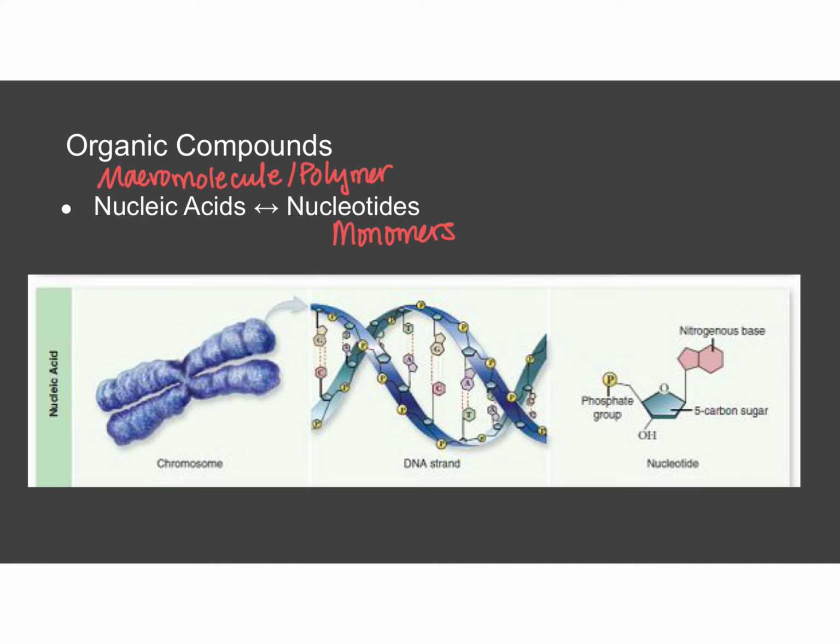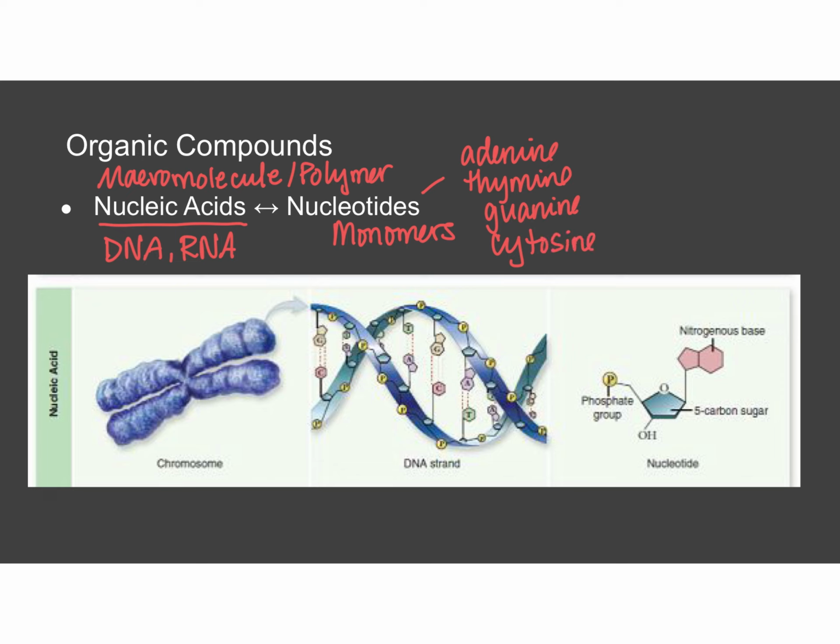Nucleic acids include things like DNA and RNA, and the nucleotides include things like adenine, thymine, guanine, cytosine, and uracil.